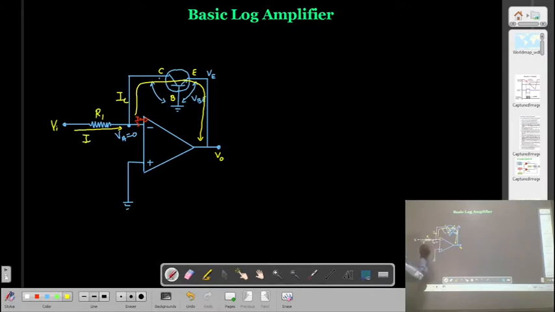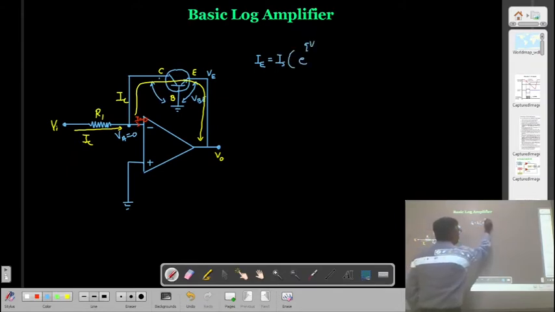It means the current flowing in the resistance R1 is also IC. Now if we write the expression for the collector current, remember, for a transistor, if you see solid state electronics, the emitter current is given as IS into e raised to q into VBE by KT minus 1.